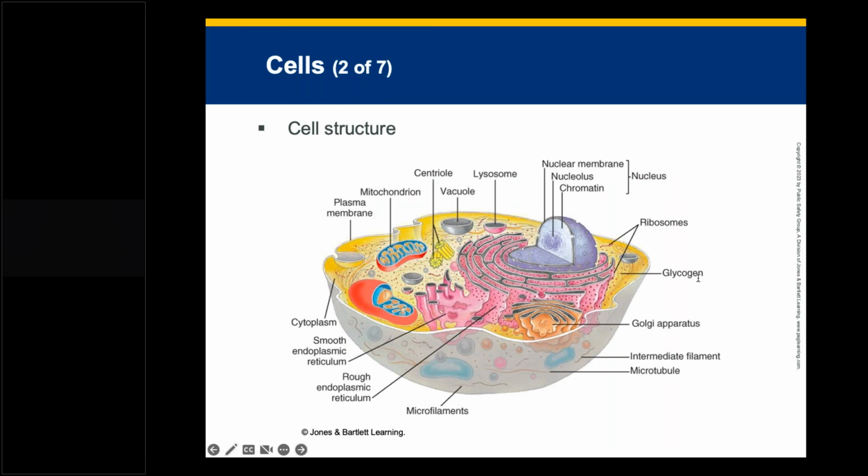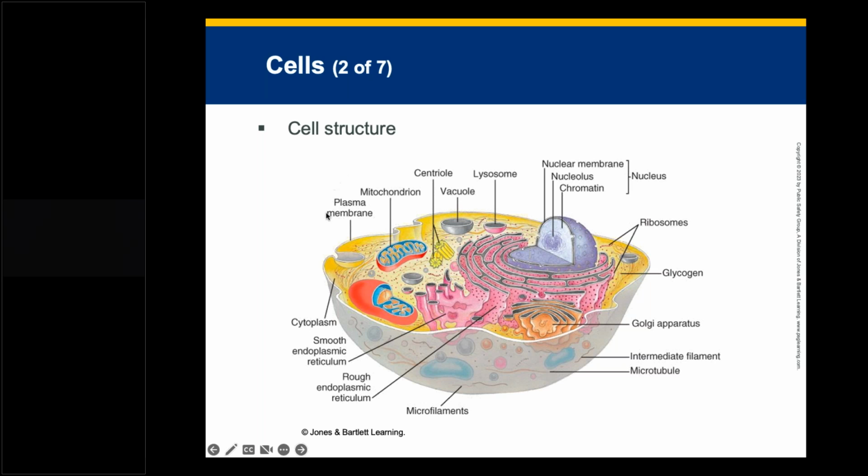Like I said, we're going to break this down even more in detail as we go through. But this is basically the cell structure here, as you can see. There are two general classes of cells: sex cells, and then the somatic cells. The nucleus contains the genetic material and controls the activities of the cell. You can see where the nucleus is located here, the nuclear membrane, and the chromatin.